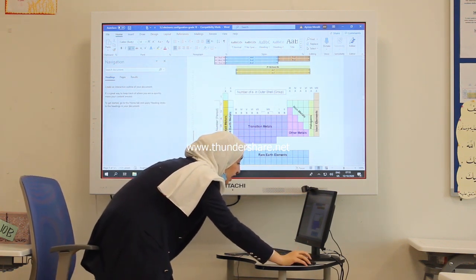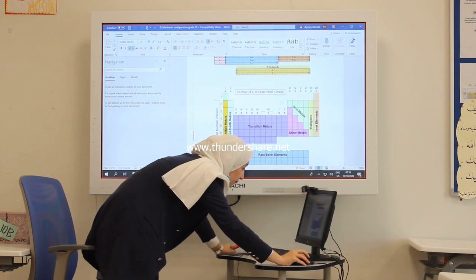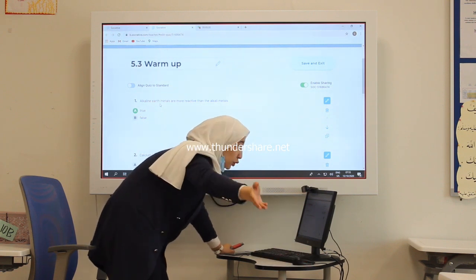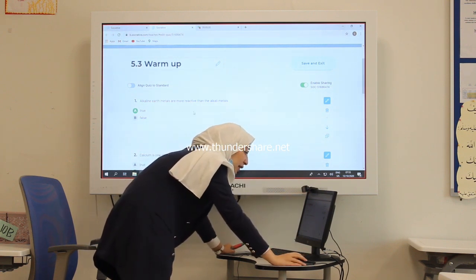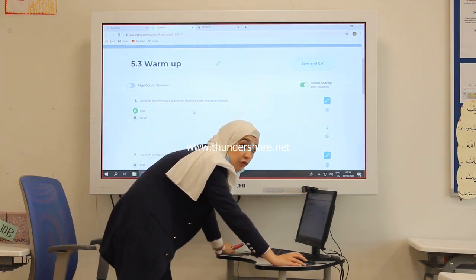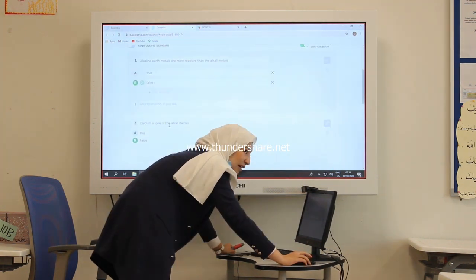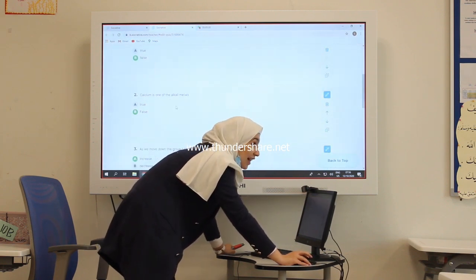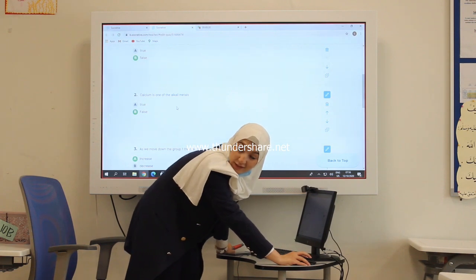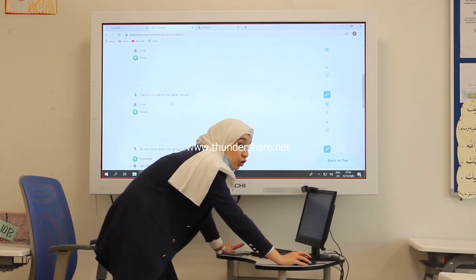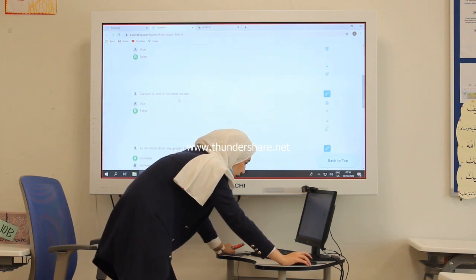The question was asking which one is stronger: alkaline earth metals, which is group 2, are more reactive than alkali metals. True or false? False. Calcium is one of the alkaline earth metals, not the alkali metals. So the answer is false.